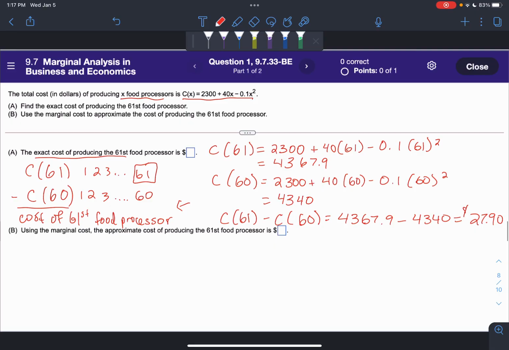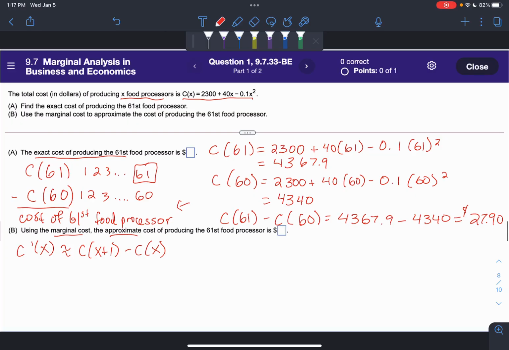For part B, we want to use marginal cost to approximate the cost of producing the 61st food processor. So in this chapter, we learned that C prime of x approximates C of x plus 1 minus C of x.